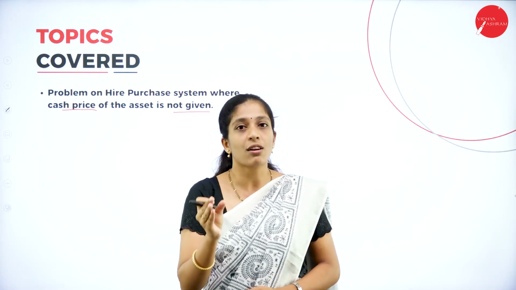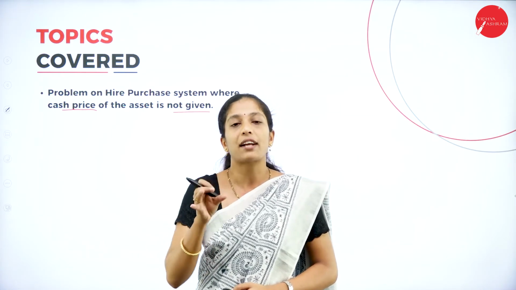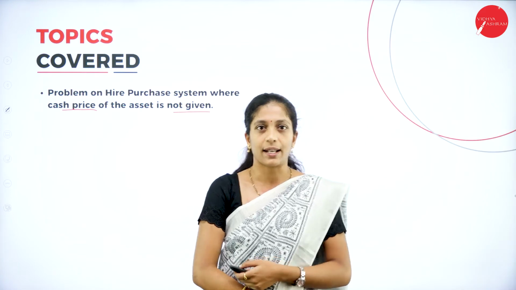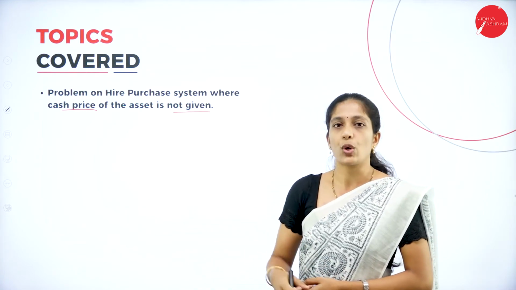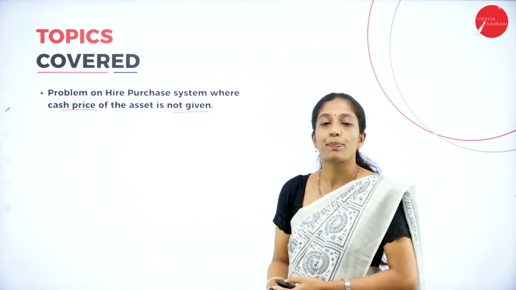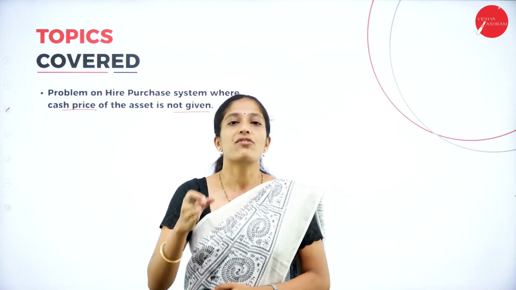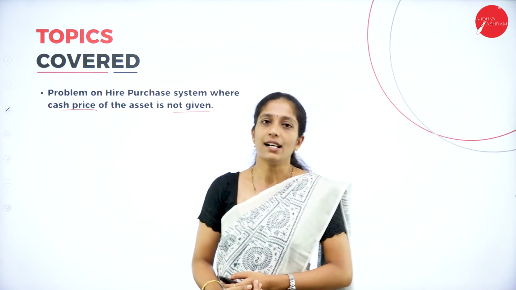Why? Because in order to calculate the depreciation as well as to know the actual cash price of the asset. So in today's session we shall continue with one more problem where the cash price of the asset is not given, and today we are going to prepare ledger accounts in the books of hire seller.